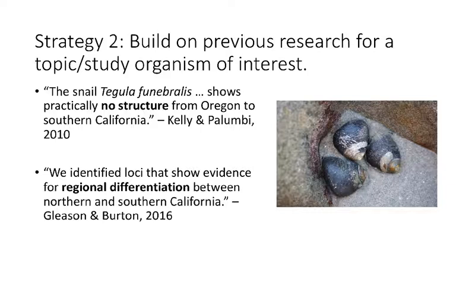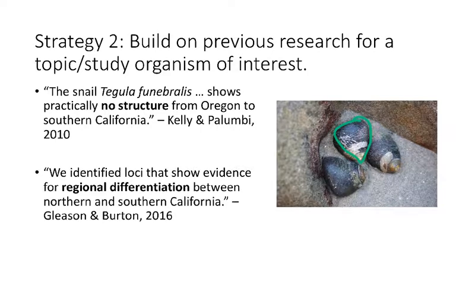Another potential strategy related to strategy 2 in terms of building on previous research is to go back to what I introduced in one of the previous modules where I had this example with 2 different papers on the same study organism. Yes, that same snail again. If you're thinking I'm going to run out of snail pictures, don't worry, I have a lot.